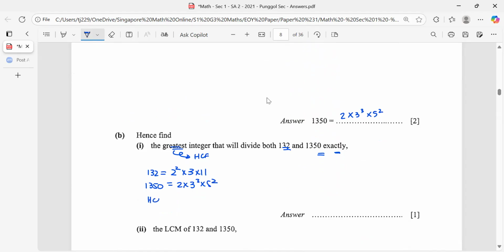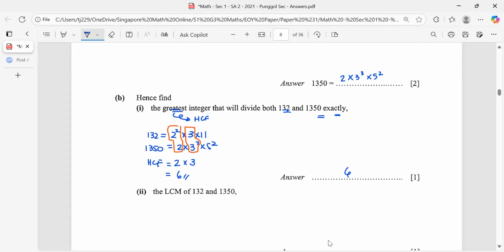Okay, so HCF, let's compare. So we have two common factors. What is common is actually 2, and 3 and 3 cubed. So from here, we work out the HCF to be 6.